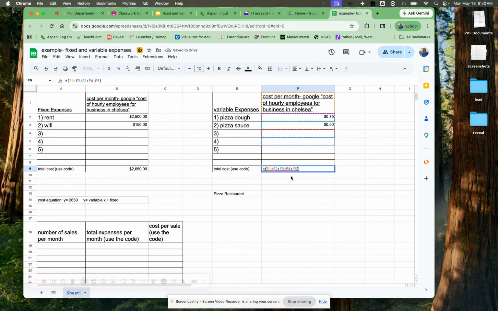Not liking my equation. Equals, parentheses, F2 plus F3.